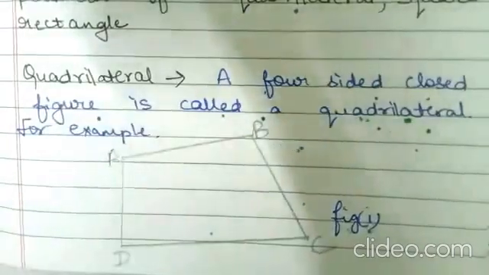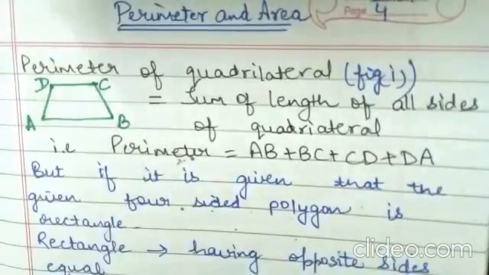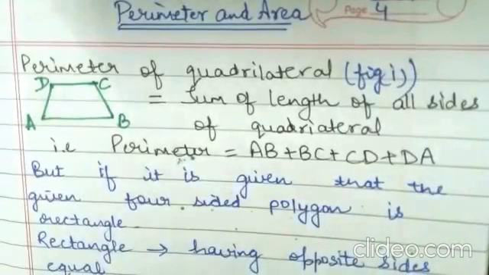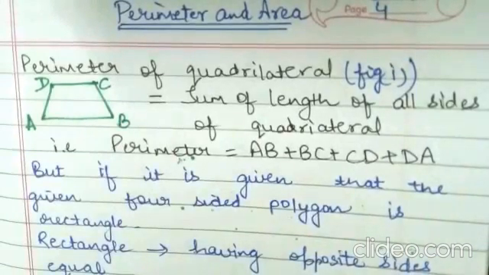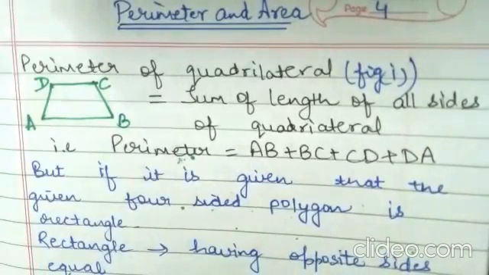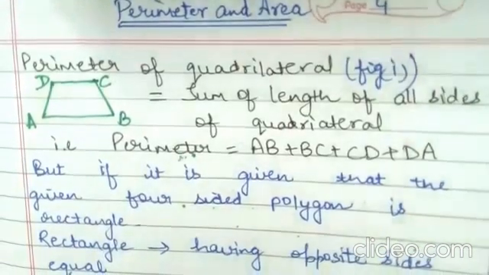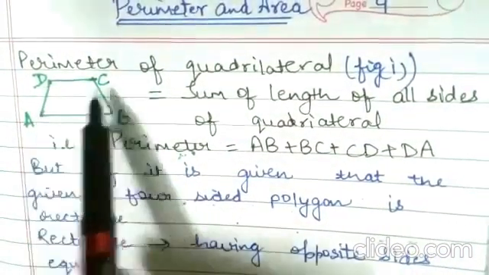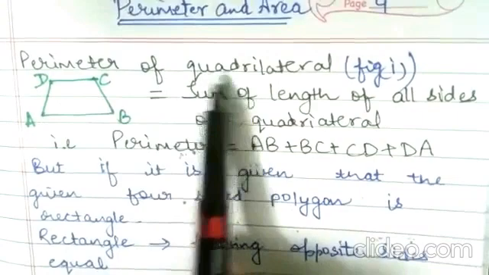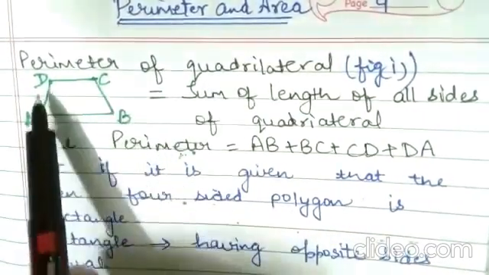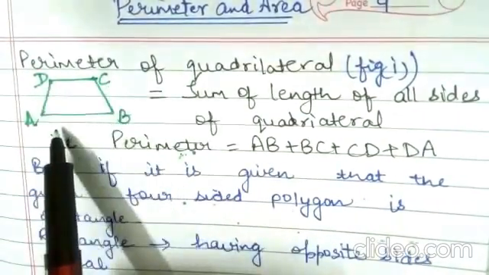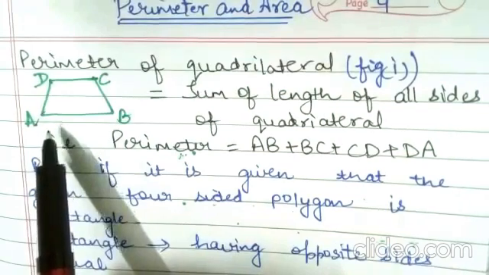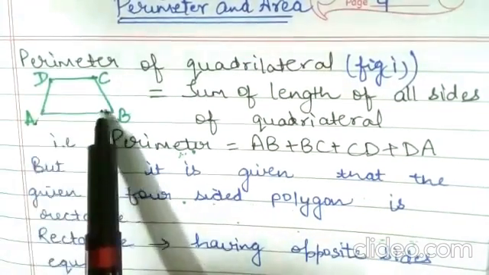quadrilateral. Now children, we know that the perimeter of any closed figure is the sum of the lengths of all sides. So in the case of a quadrilateral also, the perimeter will be the sum of the lengths of all sides of the quadrilateral. So what will be the perimeter?